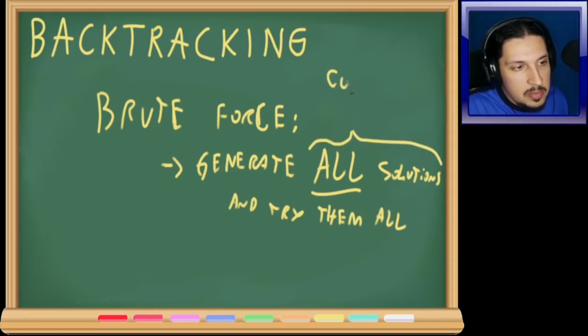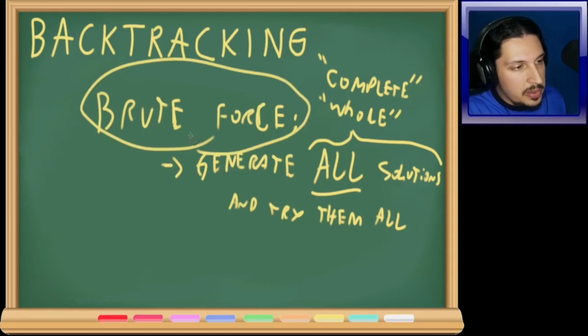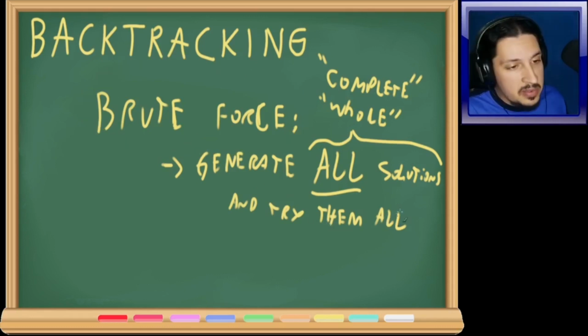Now, this works at the level of complete or whole solutions. That is why brute force algorithms are conceptually so simple. Just check all solutions. You never have to check a part of a solution, and that is the key difference with backtracking.